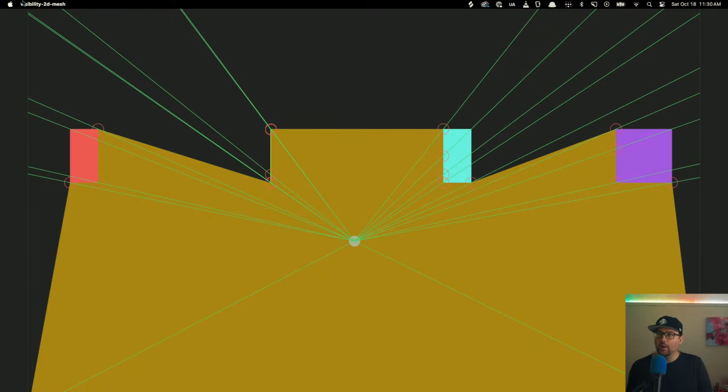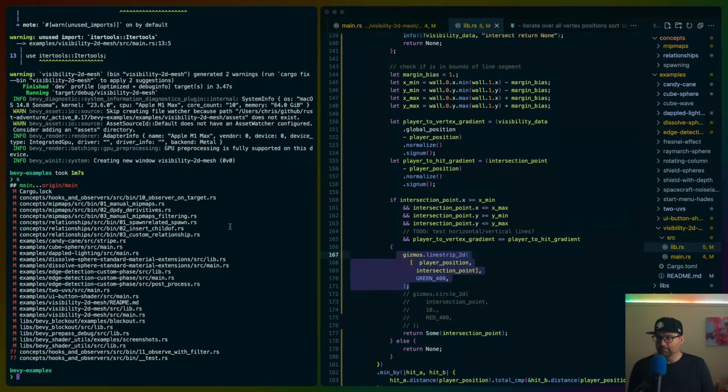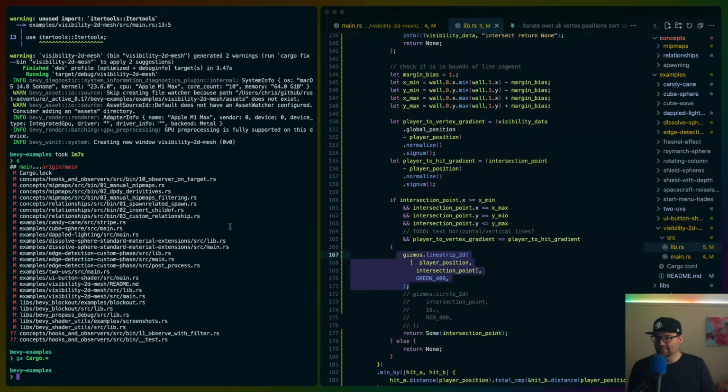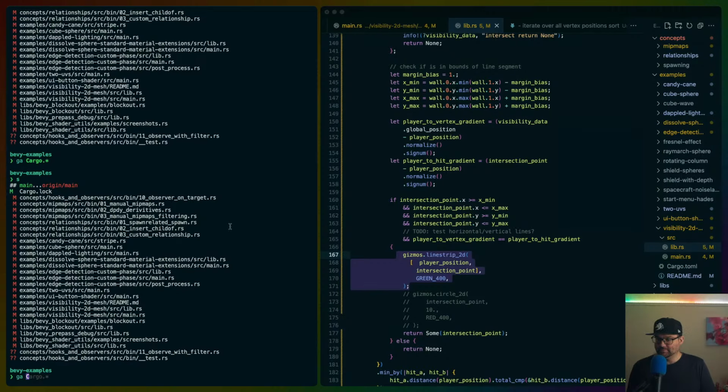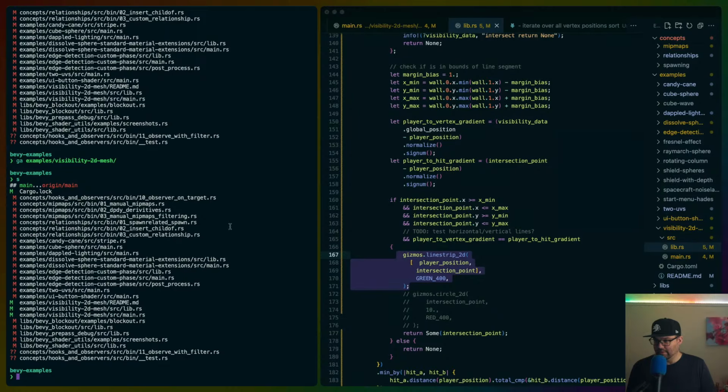And I'll push up the code for this for the people who are following along at home. I formatted everything. Let's add cargo stuff, and let's add the visibility stuff. And I think everything else I can do on a second pass. Bitmaps, hooks, candy cane stuff, edge detection.